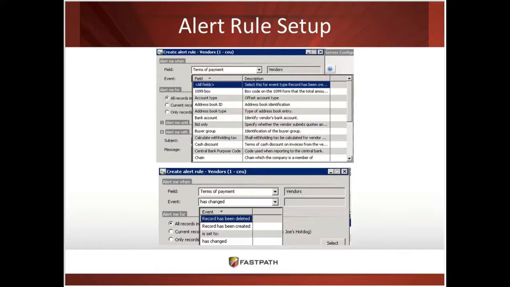You could also do it on a field level. So you can say, whenever this field is set to a specific value or greater than a value, or that field has changed, you can actually set that up to notify someone via that notification or the alert that we talked about earlier. So you can definitely set those up inside the alerting system.